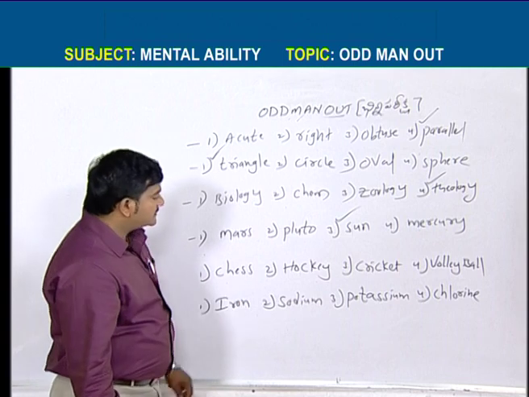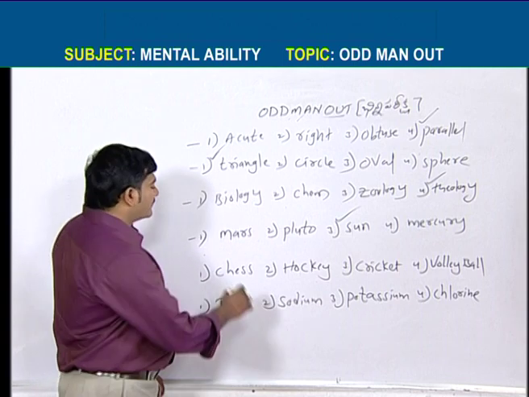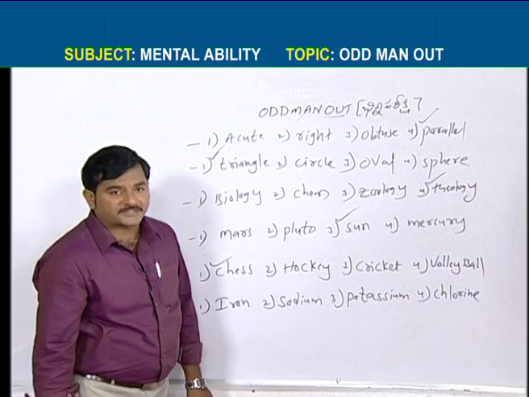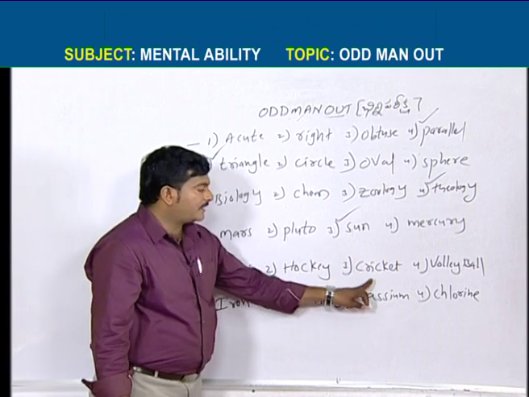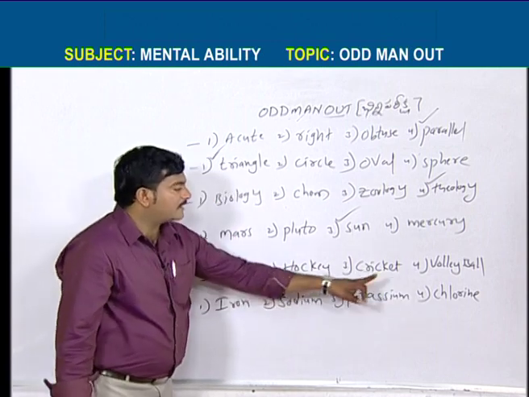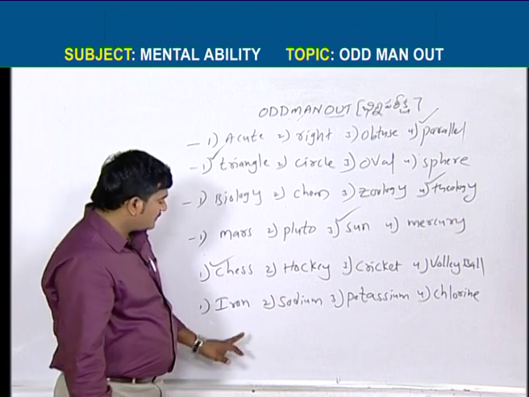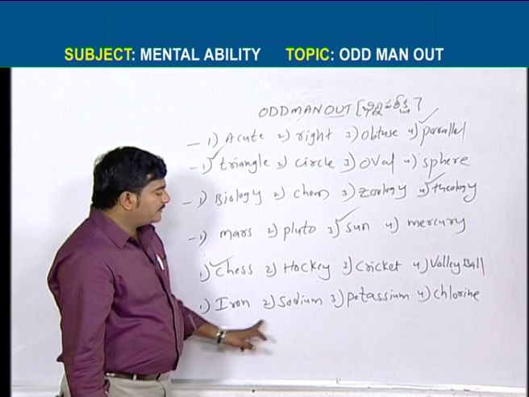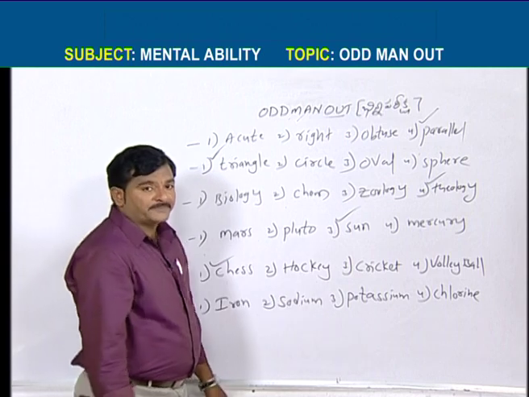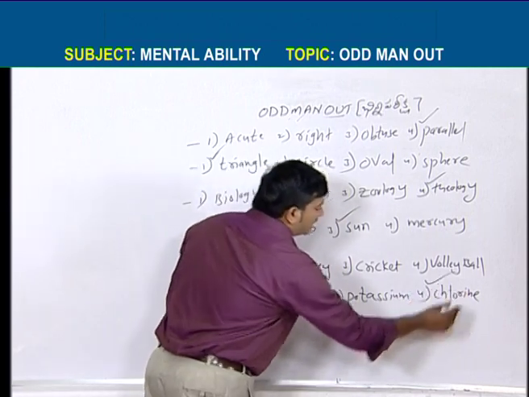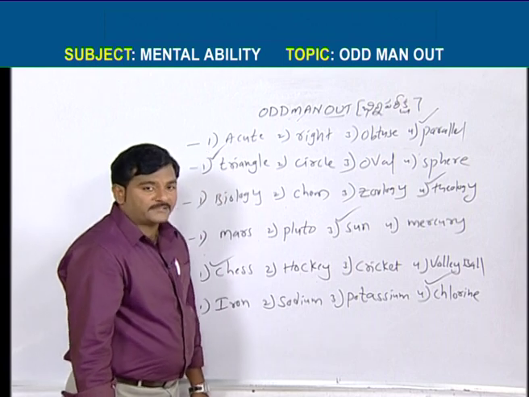Like that: chess, hockey, cricket, volleyball. The answer is chess. Why? Hockey, cricket, volleyball are outdoor games, whereas chess is an indoor game. Now the final one: iron, sodium, potassium, chlorine. It is also very clear. The answer is chlorine. Why chlorine?